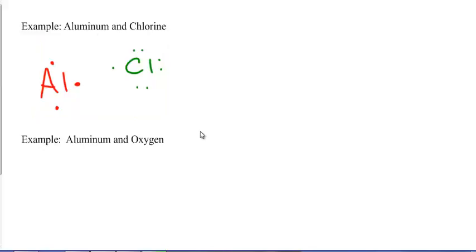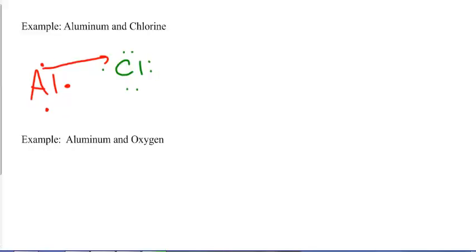Aluminum and chlorine. Aluminum has 3 valence electrons and chlorine has 7. Aluminum needs to get rid of all 3 of its valence electrons, but chlorine can only take 1 more to get up to 8 and reach the octet rule. So aluminum will give it to the chlorine, but what do you think happens next?